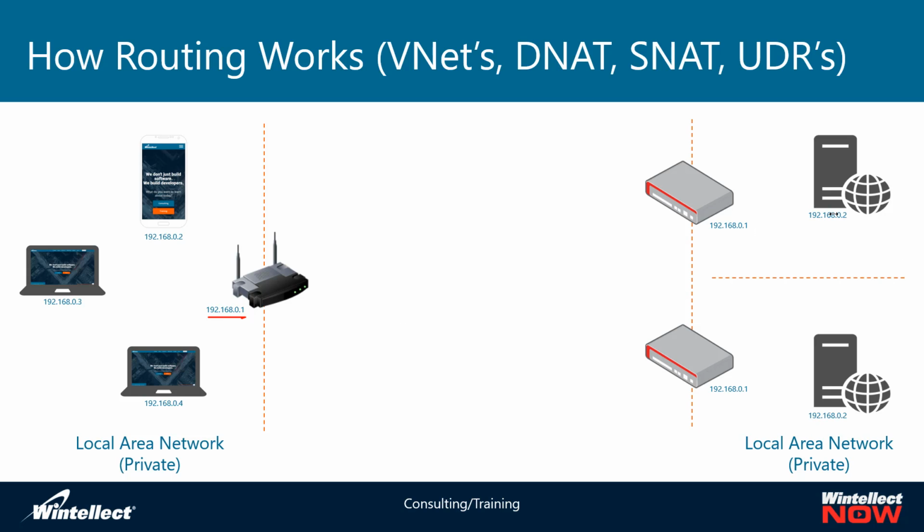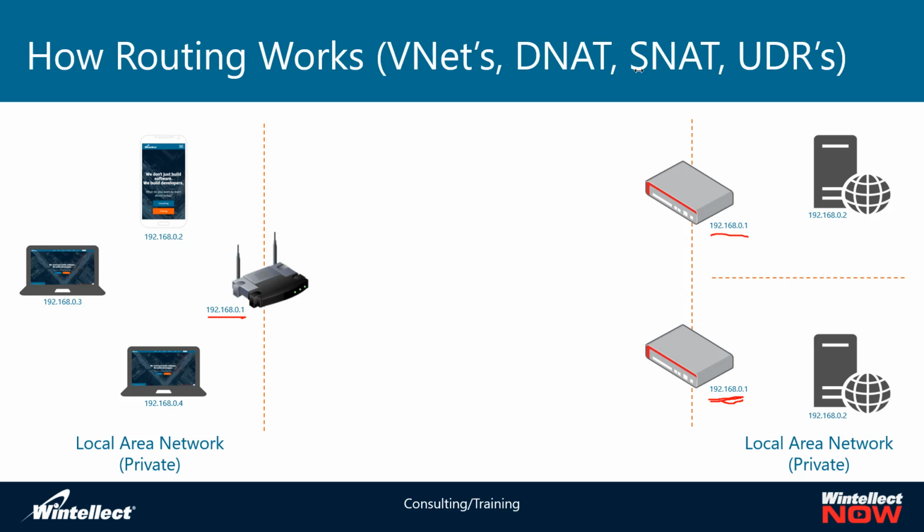I have this one over here, and notice that these have the same edge address right here. Now, these 192.168 addresses are private IP addresses that are associated with each of these local area networks on both sides of the wire.